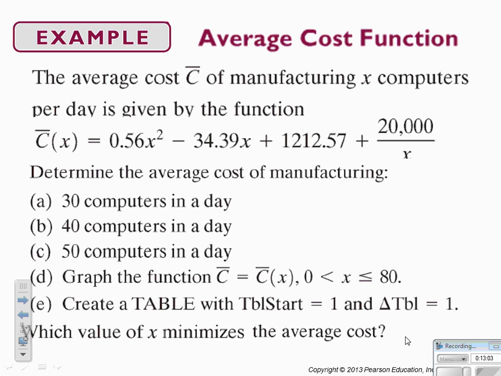All right, so we're going to fuss with the average cost function, and it's actually a part of your practice assignment today. The average cost C of manufacturing x computers per day is given by the function C of x equals 0.56x squared minus 34.39x plus 1,212.57 plus 20,000 over x.